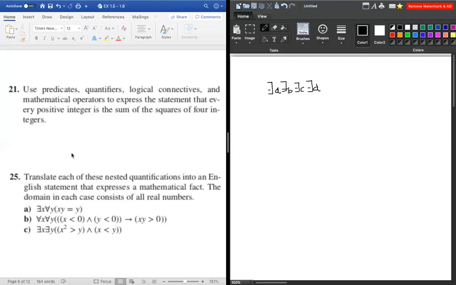Okay, so we have these 4 numbers, and then we are saying that it is the sum of the squares of 4 numbers. So there is a positive integer, so we have to get that positive integer, which is represented by x.